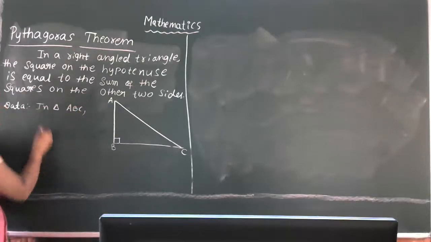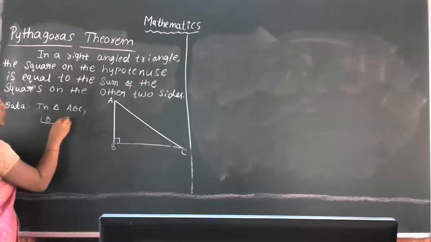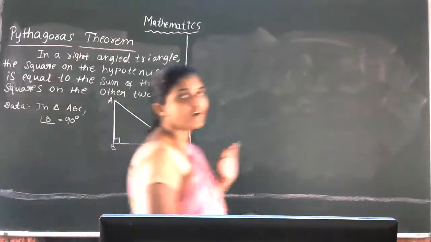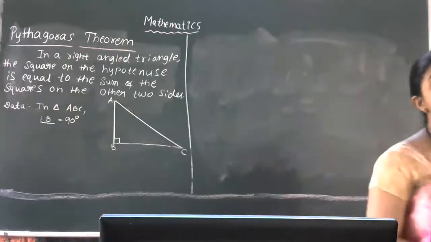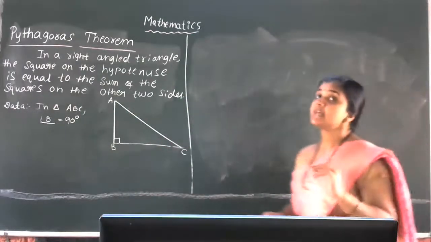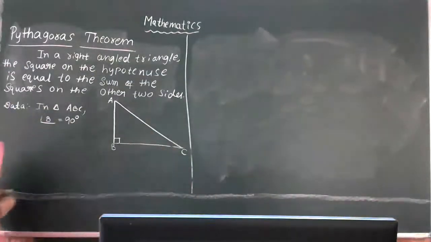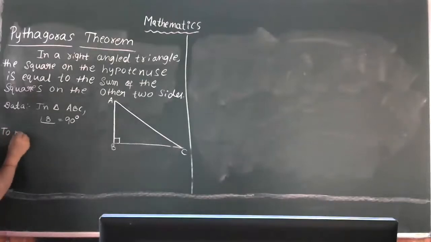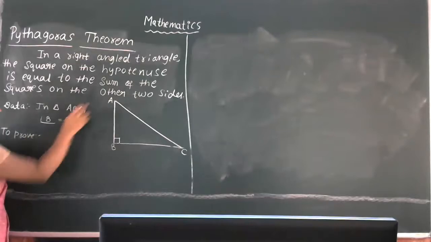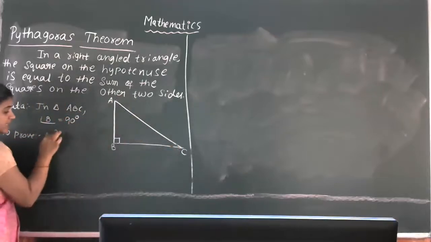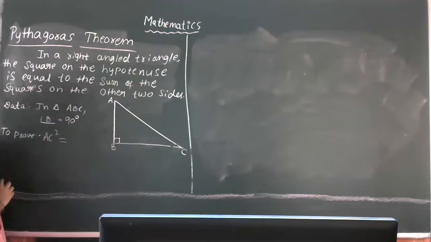Compare triangle ABC and triangle ADB. We are going to compare these two triangles, so we have to show the similarity. We have to prove the two triangles are similar. Can we prove the similarity of these two triangles?